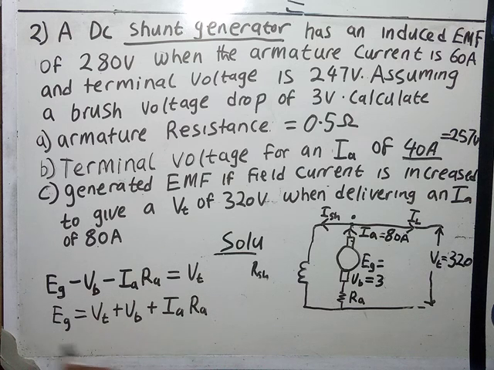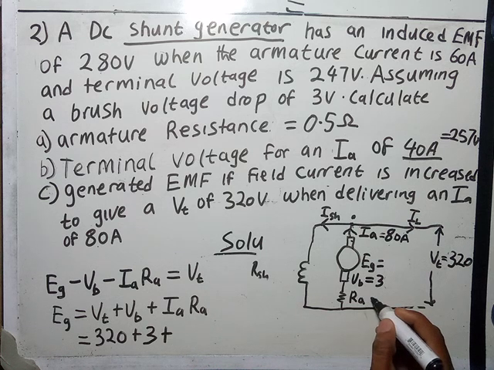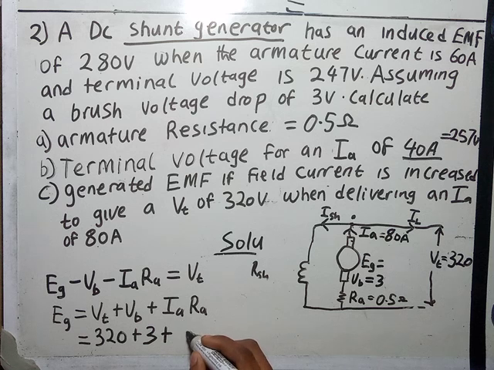Now inputting those values, we have our VT to be 320, our brush voltage to be 3, and our voltage drop due to armature resistance: our armature current is 80, and our armature resistance is 0.5.